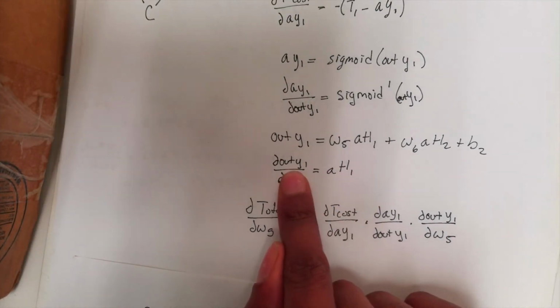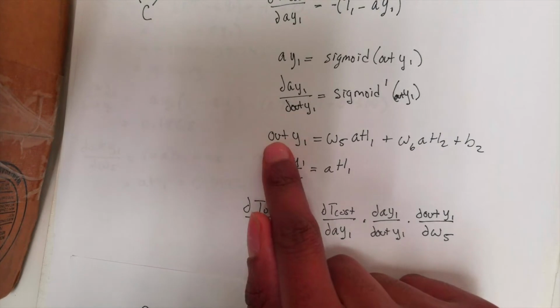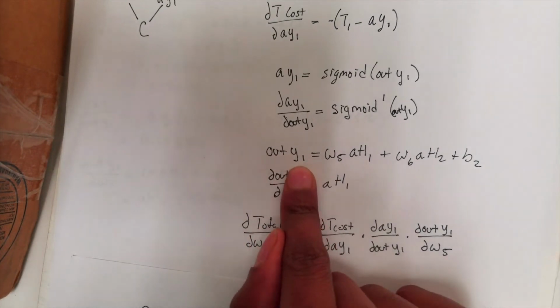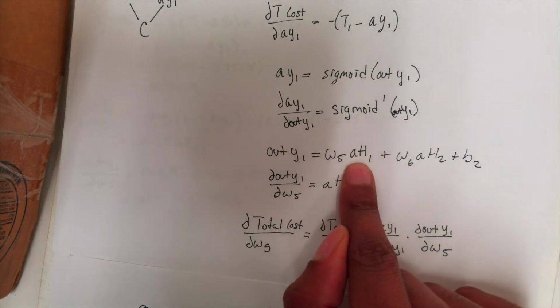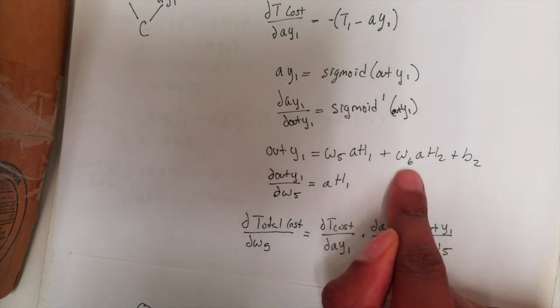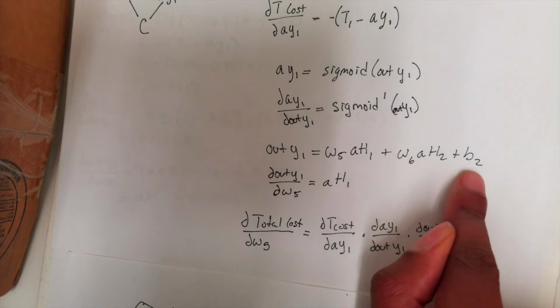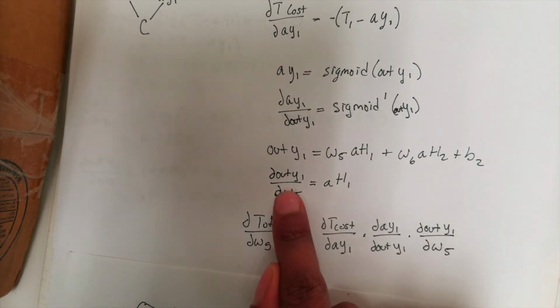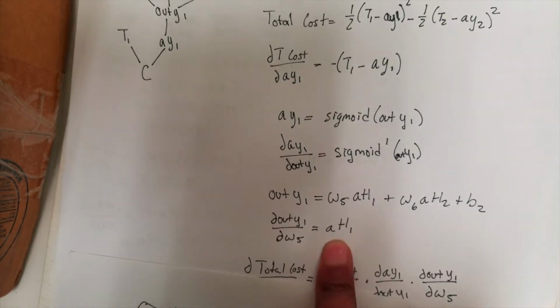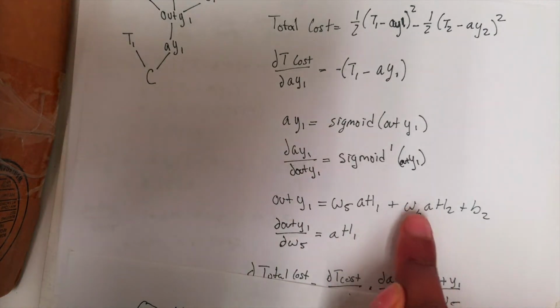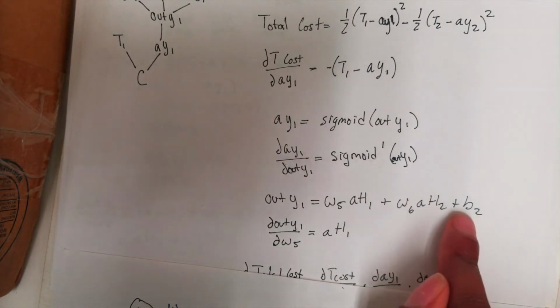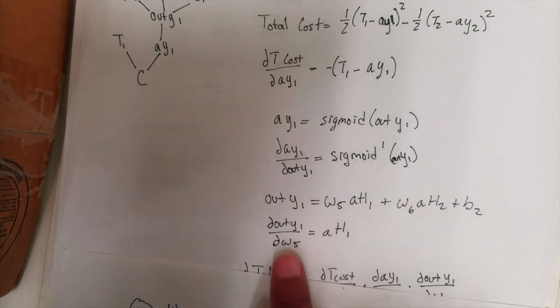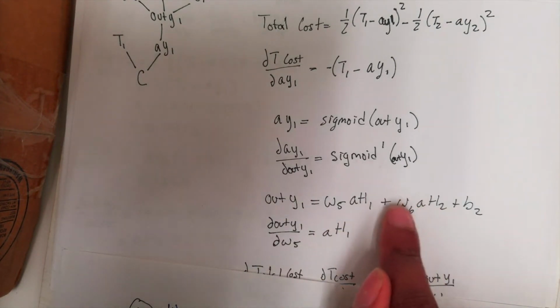So you can see the formula for output of Y1 is equal to weight 5 times the activation of H1 plus weight 6 times the activation of H2 plus b2. The partial derivative with respect to this is the activation of H1. And that's the reason why I said you don't have to worry about H2 and weight 6 in this specific instance, because by partial derivative, it will turn all those into 0 values.